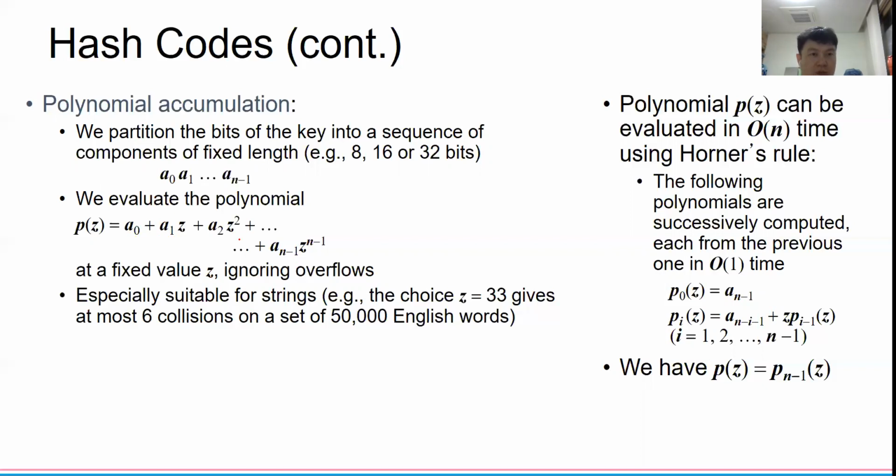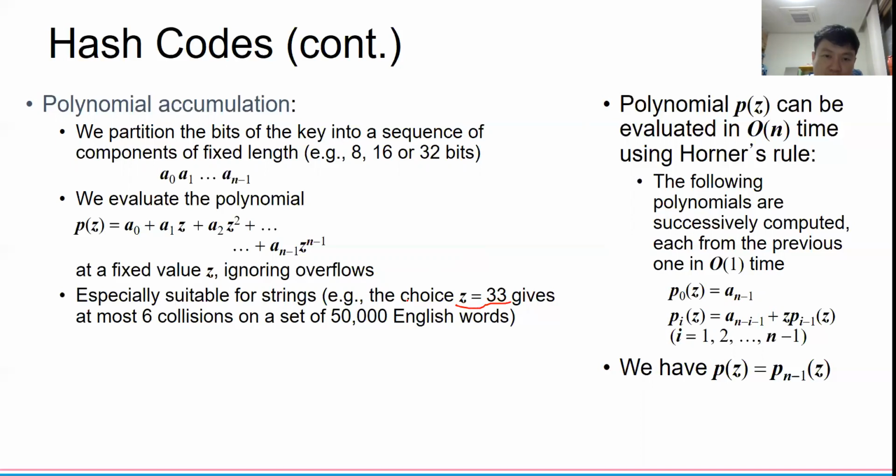Then you need to understand what value of z you want to use. Let's say, for example, I choose z as 33, just as an example.